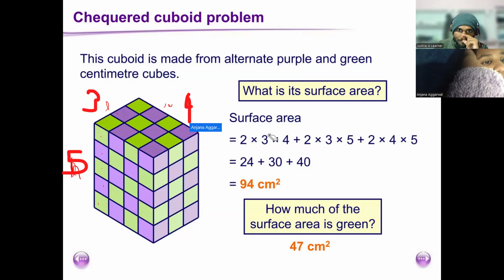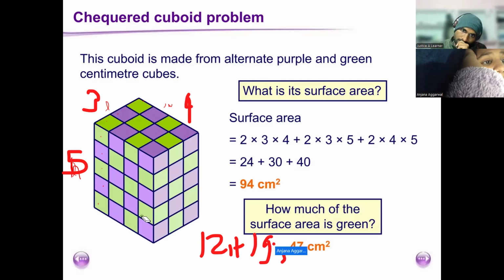Now what we have to do is length into width first, which is 12. And then we have to do length into height, which is 15. Then we do plus 15. And then we have to do width into height, which is 20.